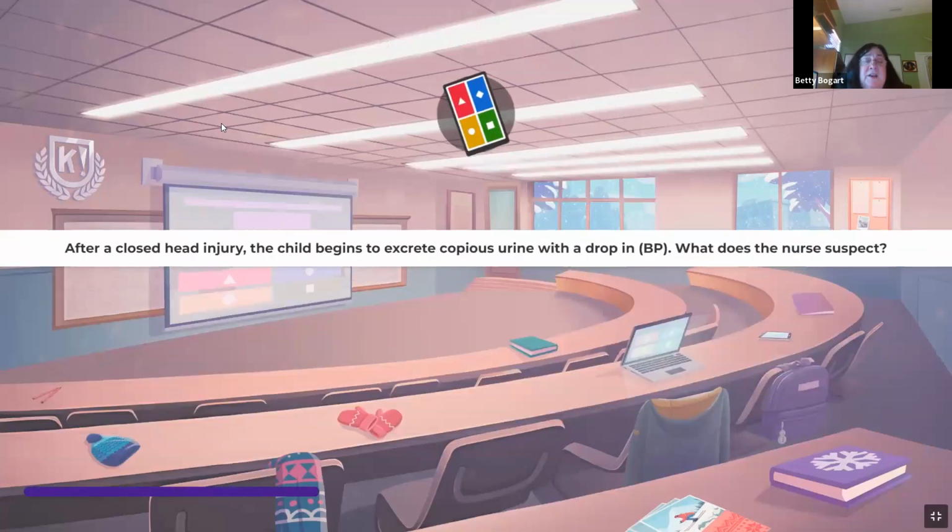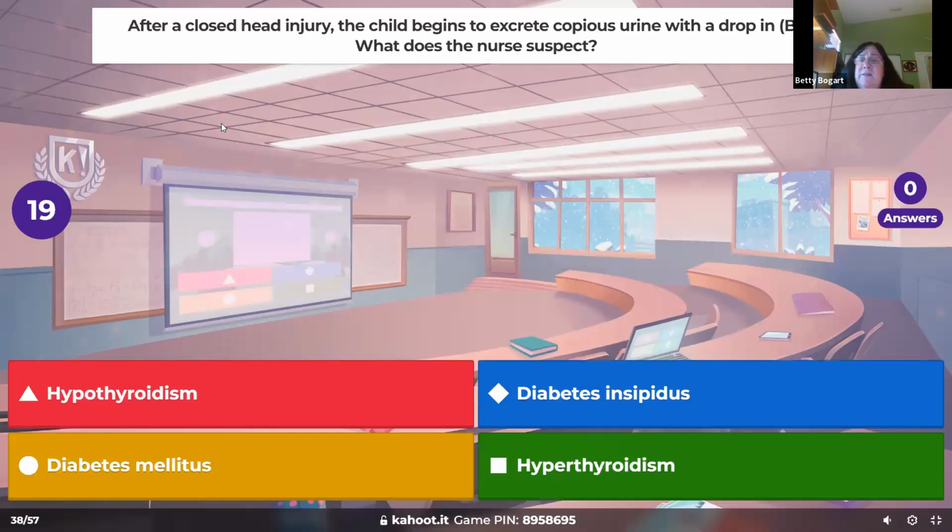After a closed head injury, the child begins to excrete copious amounts of urine with a drop in blood pressure. What does the nurse suspect? Remember, when you talk about head injuries, there are things inside the head and it swells in there. It's pressing on all different things.